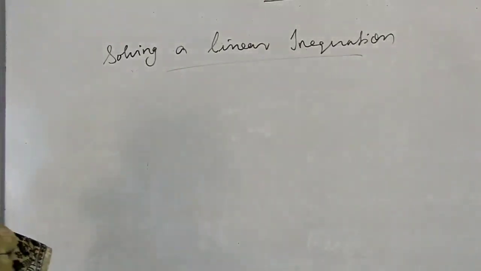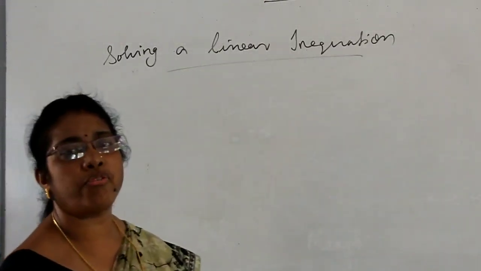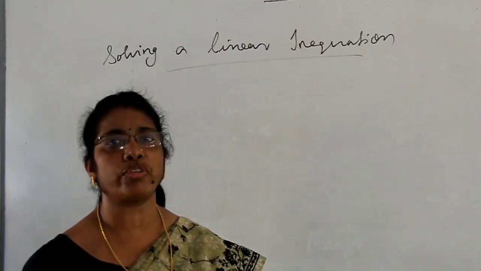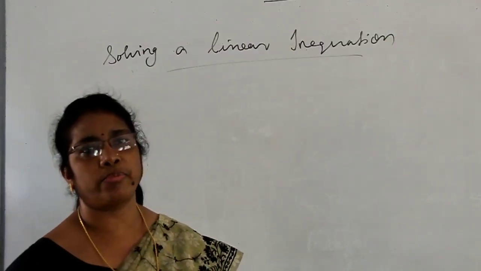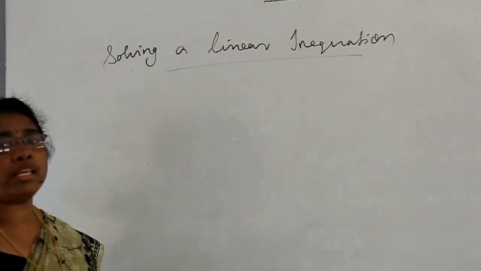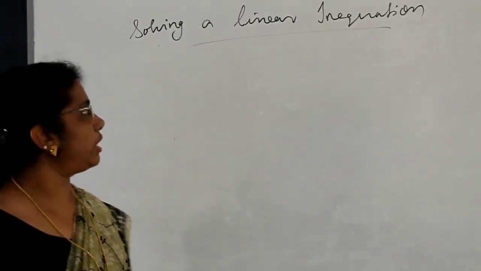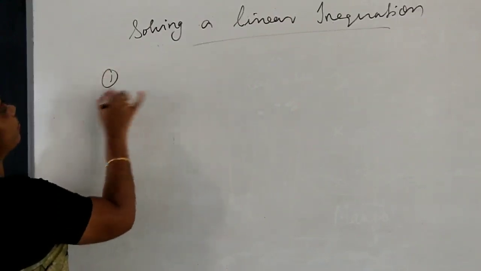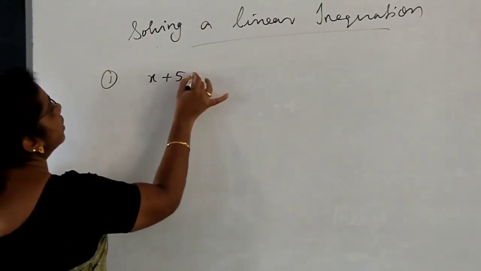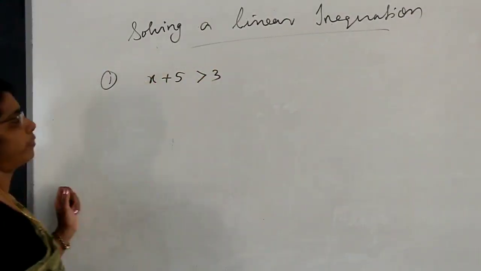To solve a linear inequation means to find the value or values of the variable used in it. So for solving a linear inequation, we should follow some certain rules. The rules are: first one, x plus 5 greater than 3.